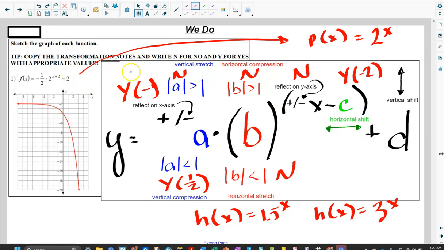It should come after a plus, so we should write in standard form. Let me squeeze it in here real quick. f of x equals negative half times 2 to the x, I can put this in parentheses, minus negative 2, plus negative 2.